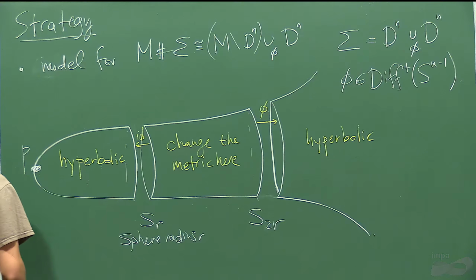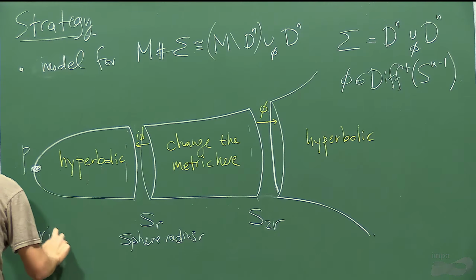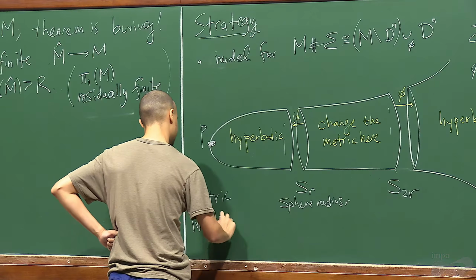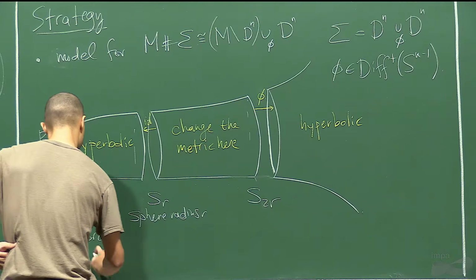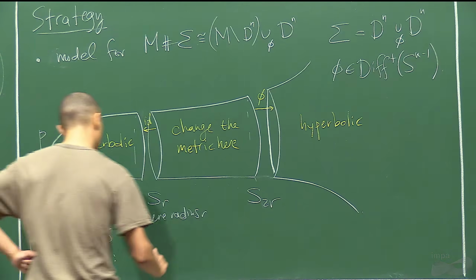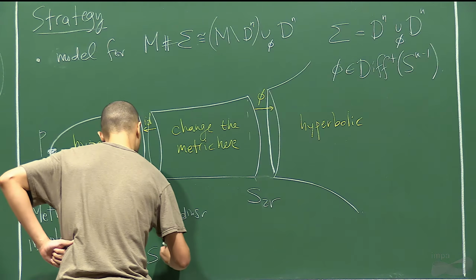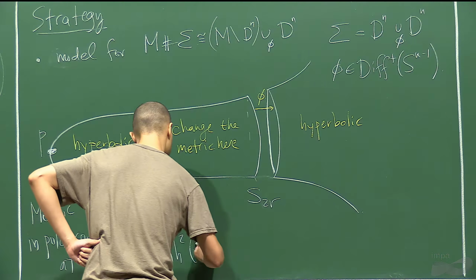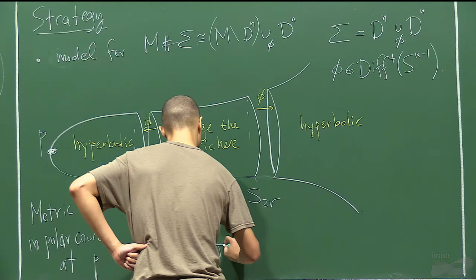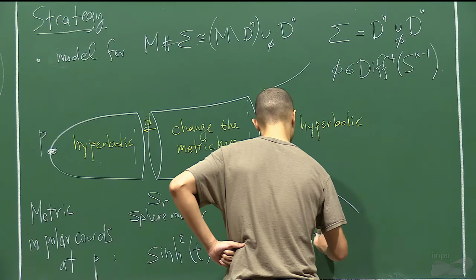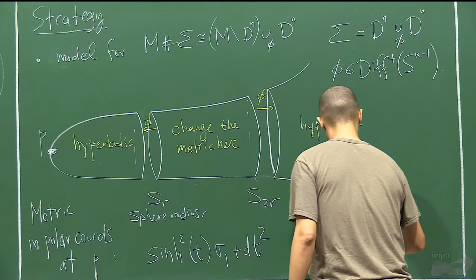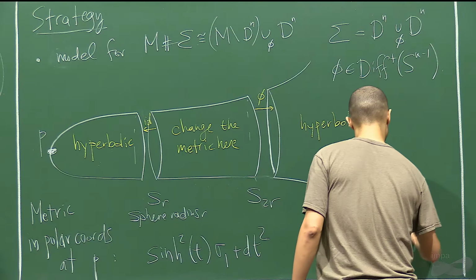And let me just record for later use that the metric in polar coordinates at P is a warped product, so it looks like this, where sigma 1 is the unit sphere in R^n.